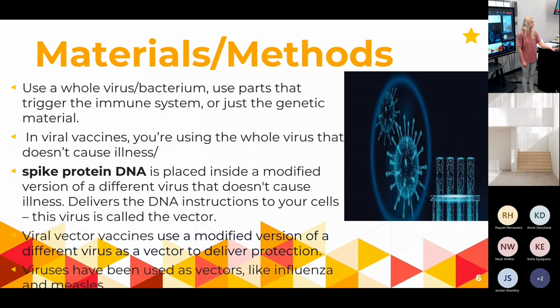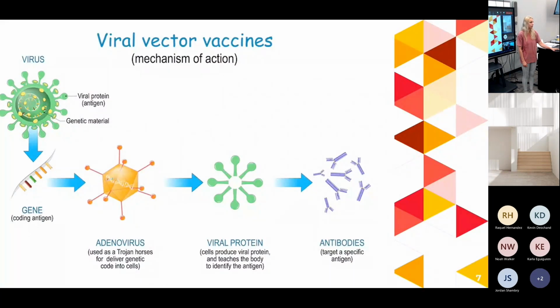I don't know if you guys can hear me well, but the mechanism of action behind viral vaccines is you have the virus, and the viral protein, which is the antigen, has genetic material not attached to it, but you can kind of see on the figure there.